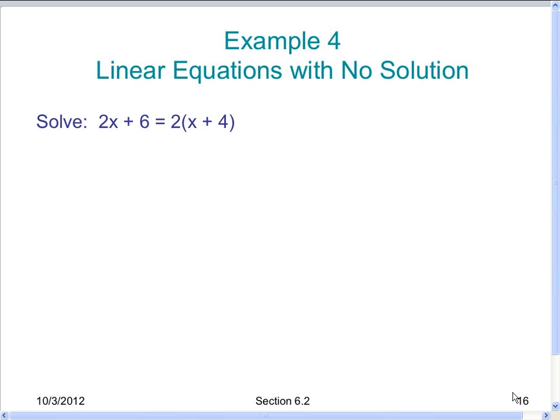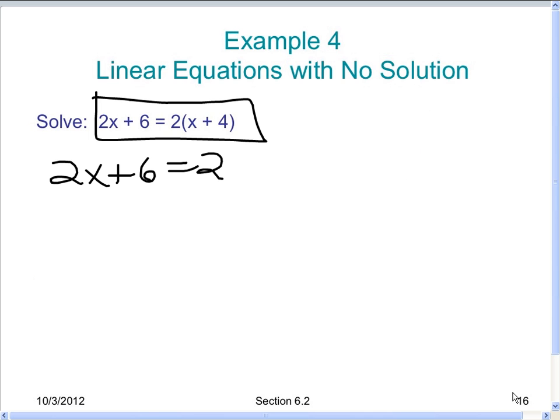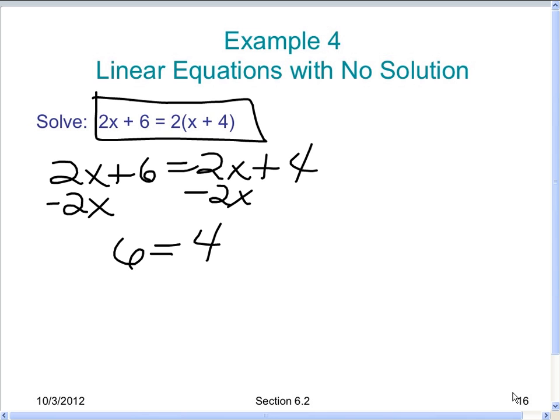All right, let's solve this equation. Distribute the 2. I have x's on both sides of the equal sign, so I have to get them on the same side. What's 2x subtract 2x? That's 0. 2x subtract 2x, and I get 6 equals 4. Now be careful.